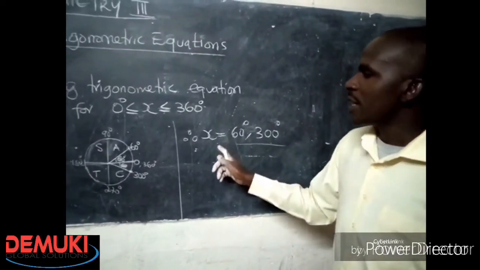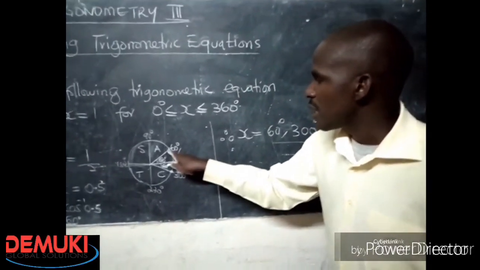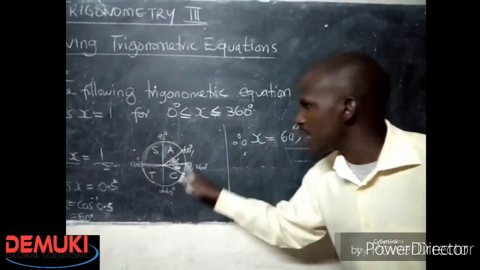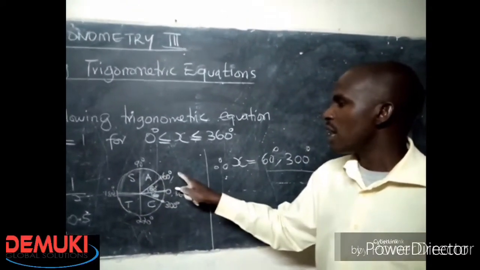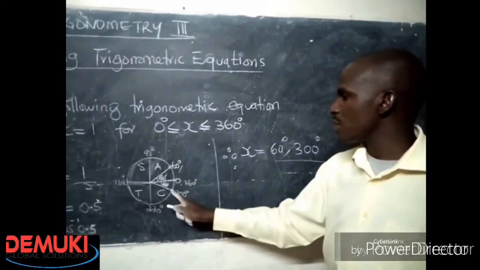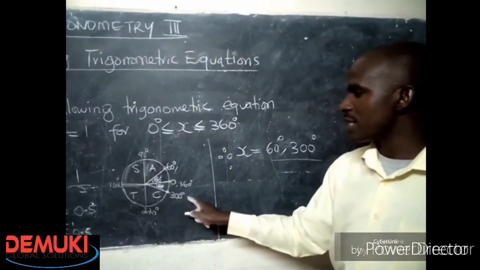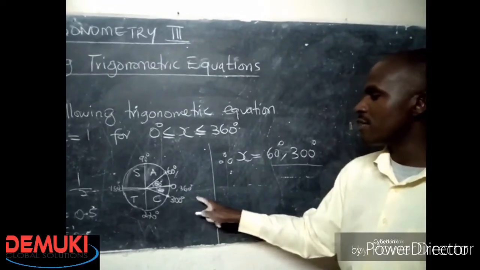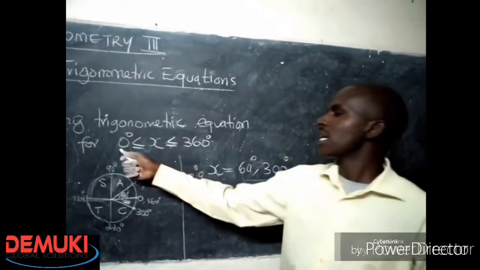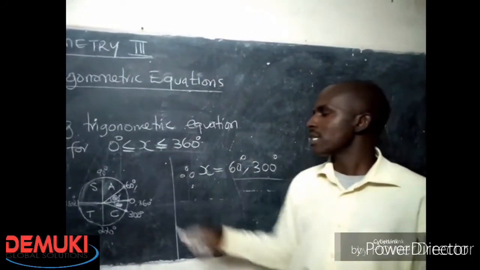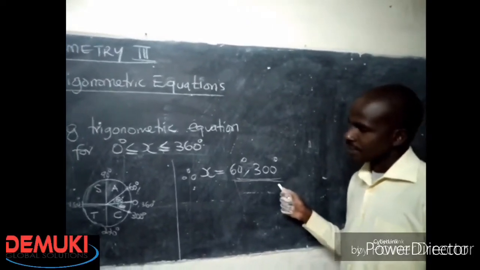This angle could be 60 degrees, then I can also go one round and add 360 degrees to get 420, and for the other, 300 plus 360 giving me 660. But those two will not fall in the range in which I am interested. So for that case, this is my answer.